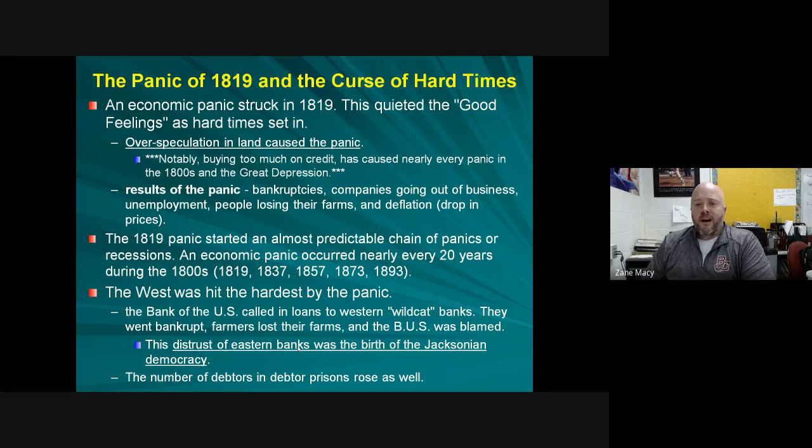Results of the different economic panics, especially the Panic of 1819: you'd see bankruptcies, companies going out of business. Of course, when companies go out of business, people lose their jobs, people can't pay their bills, they lose their farms, they lose their homes. You see deflation in the value of a dollar, a drop in prices, but it also depends.